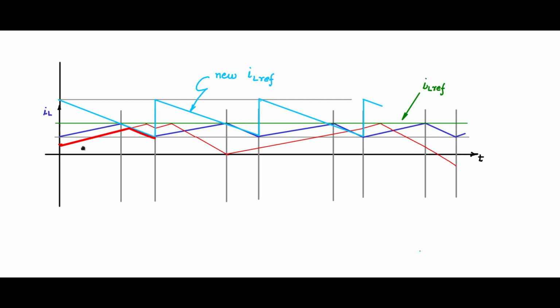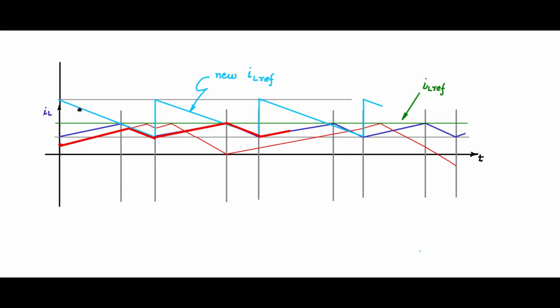So you see that in just one switching cycle, the error has been reduced. From there on it continues to follow the steady state value. So any error quickly converges and is removed within a switching cycle.